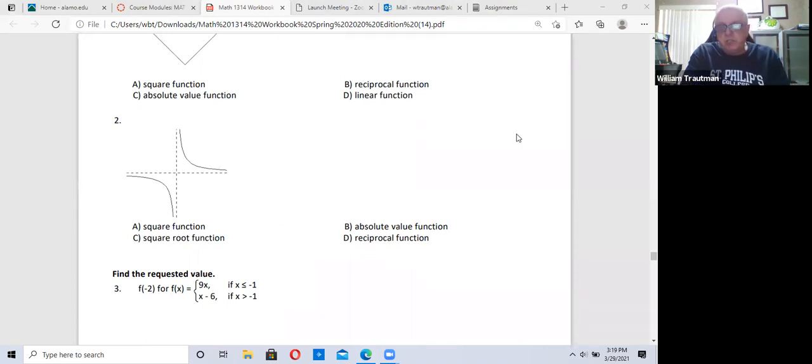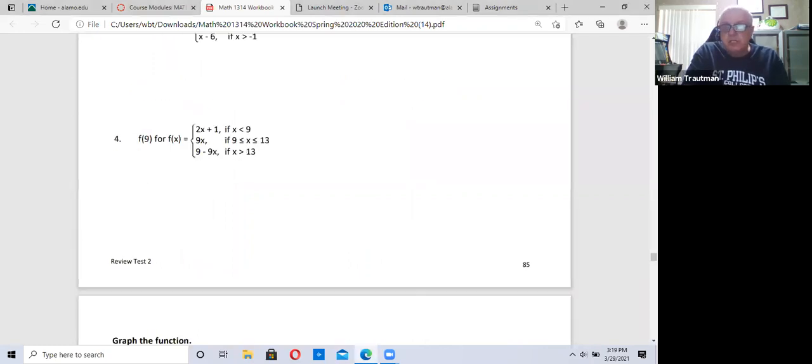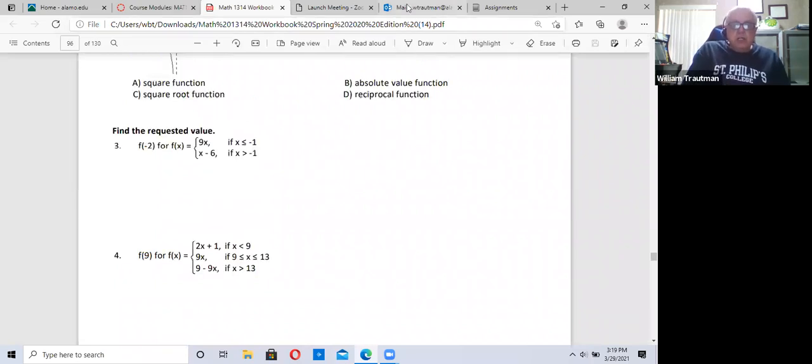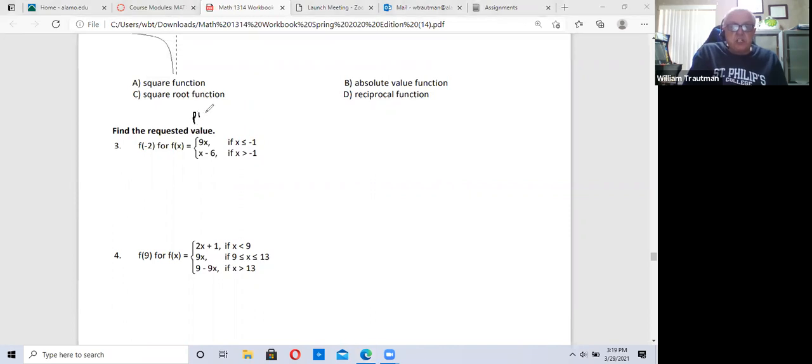All right, so number 3, you'll have a couple of questions like this. Number 3 and number 4. This is called a piecewise function because there are 2 functions here. It's f of x equals 9x and f of x equals x plus 6, depending on what your x is.